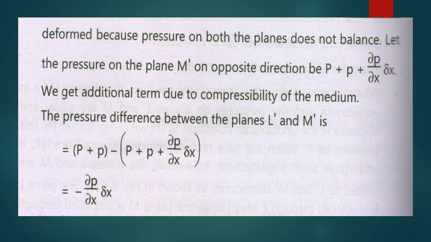Let the pressure on the plane M dash in the opposite direction be P plus ∂P/∂x into delta x. We get an additional term due to the compressibility of the medium. Now the pressure difference between the planes L dash and M dash is P minus (P plus ∂P/∂x into delta x), equal to minus ∂P/∂x into delta x.